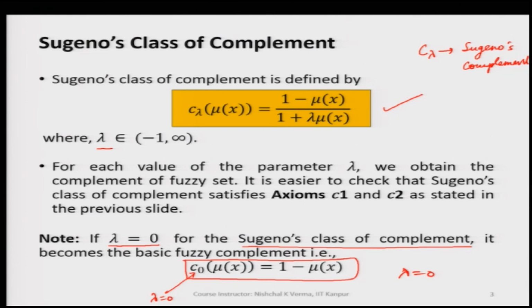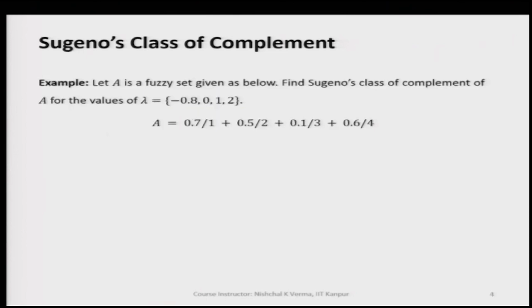So, when lambda is 0, the Sugeno's class of complement gives us the basic fuzzy complement that we have studied earlier. Let us take an example here to understand better the Sugeno's class of complement.